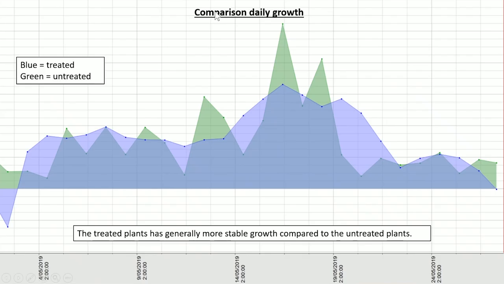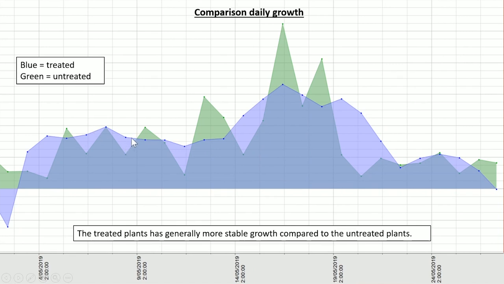So one of the first things that really sprung to my eye was the daily growth. The blue is the treated one and the green is the untreated version. If you look at each point here, this is a day. If it's under the line, you have a sort of shrinkage. We moved the sensors here, so that's causing the shrinkage. And if you are above the line, you have growth.